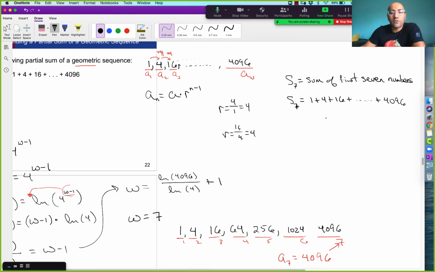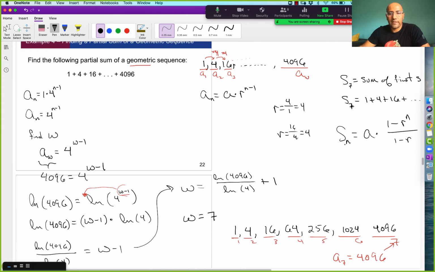But we want to use our formula because very quickly we're going to take this simple little problem and blow it up so that you really can't do it by any other method but following the formulas that we have, right? Okay, so we have a formula that says that in general, if we're adding the first n numbers, then it's going to be a times 1 minus r to the nth power over 1 minus r.